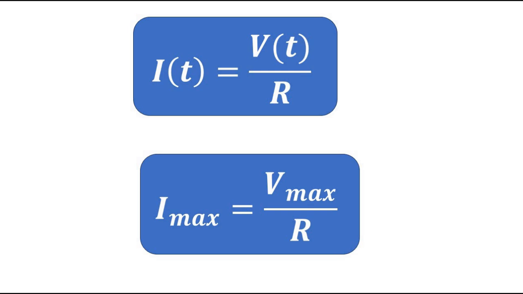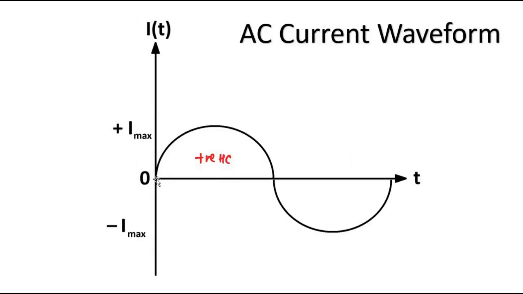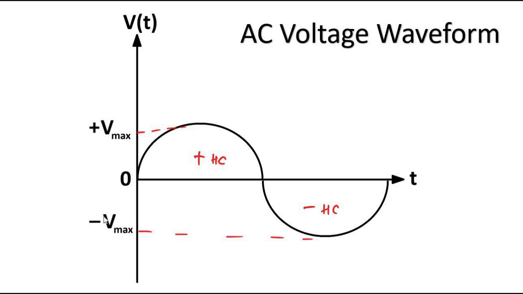Now this is the current for the positive half cycle. It starts from 0 and attains a certain maximum value. So Imax is Vmax by R. Okay, it starts from 0, attains a positive value and then goes to 0.